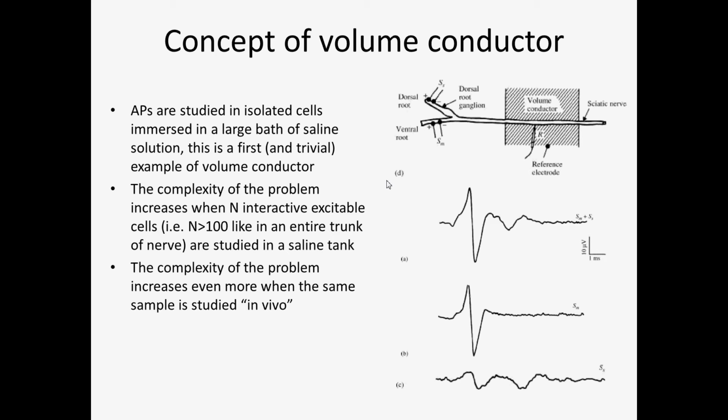That is the most trivial volume conductor applied to the human body possible. Believe it or not, this applies for recordings like EEG, ECG, or EMG, so electroencephalography, electrocardiography, and electromyography.